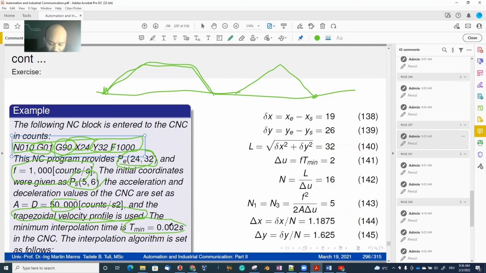So the machine has processing capabilities, right? Between 2 points, the machine has a capacity of only about 2 milliseconds. You cannot achieve less than 2 milliseconds.